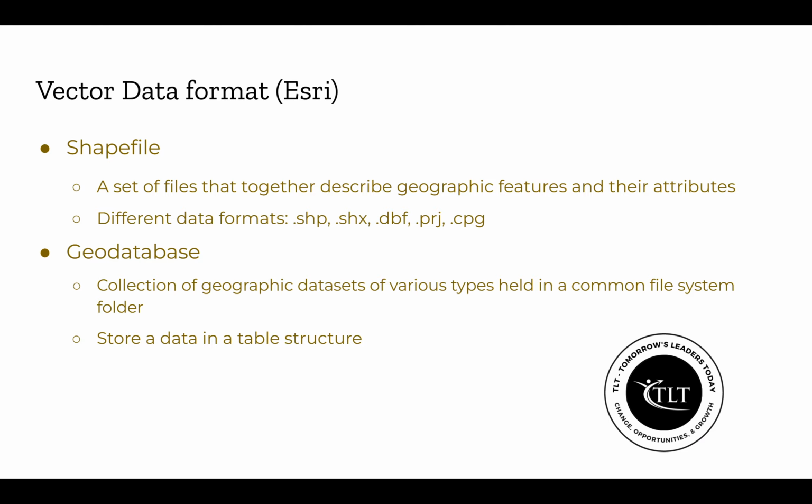A geodatabase, however, is a more advanced format that stores multiple types of geographical datasets within a unified structure. It offers better data integrity, scalability, and management, which are crucial for professional and academic GIS applications.